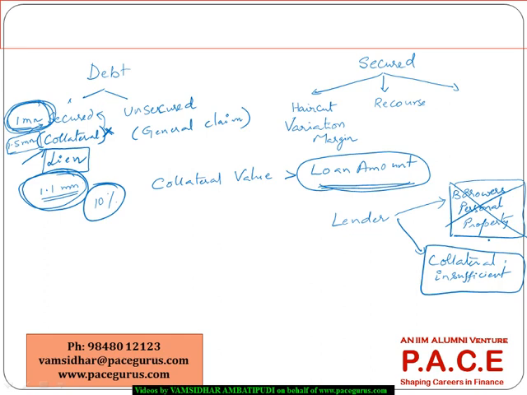So the lender does not have any claim beyond the collateral. But with a recourse loan, yes, the lender can access the borrower's assets and can have a claim on the borrower's personal assets if it is found that the collateral is insufficient.